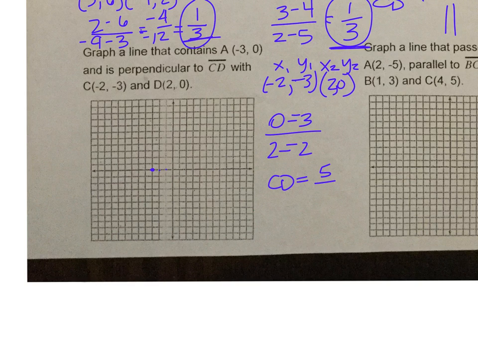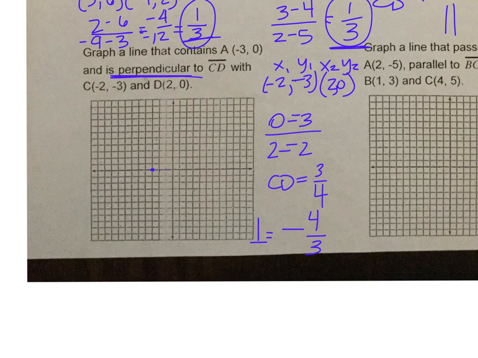That gives me 3 over 4 positive. Goodness. 3 over 4. All right, but it said to use the perpendicular slope. So I need to make that negative and flip it. So this is my perpendicular line.